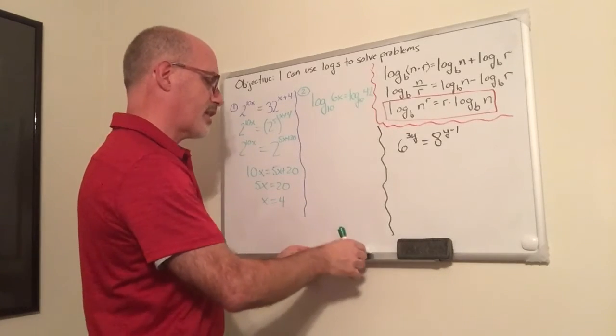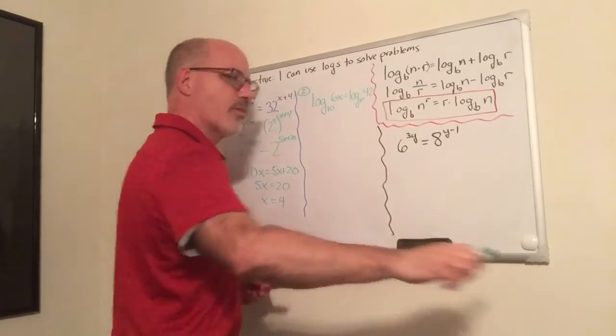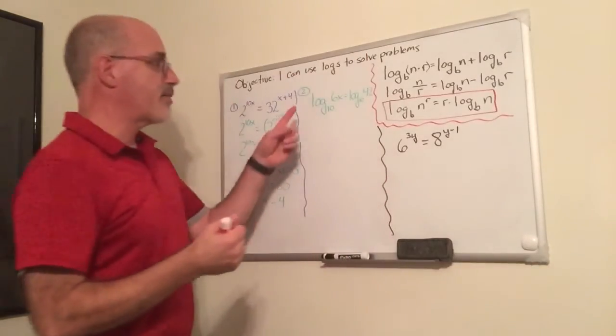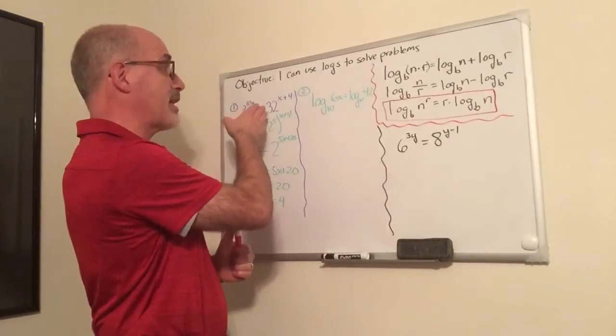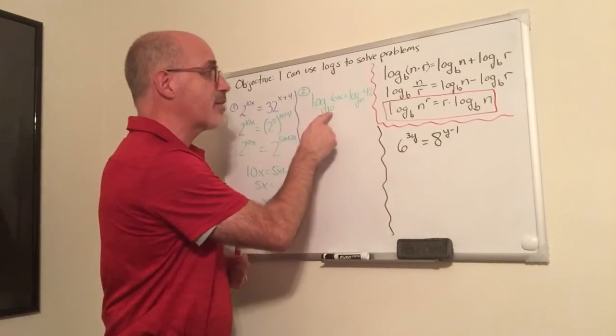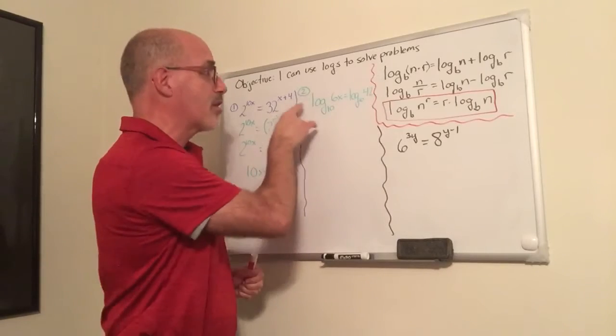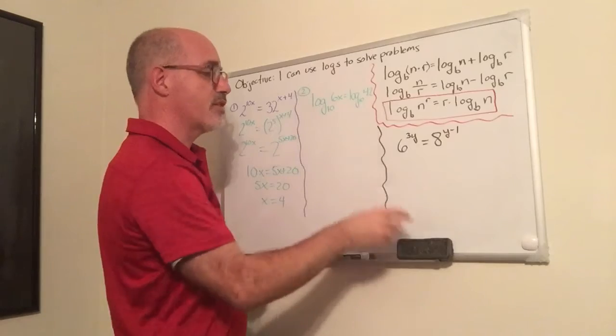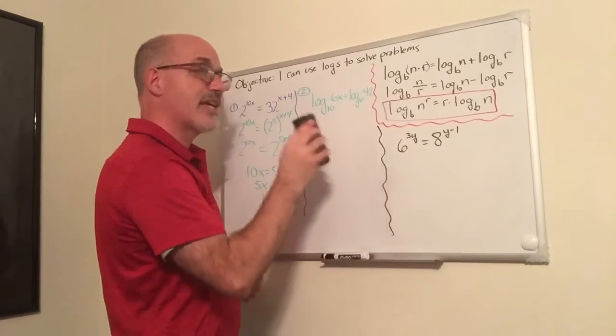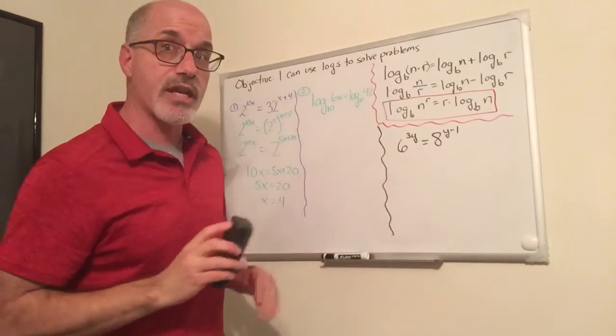This next one here, you have two logs with the same base on both sides. Just like these had the same base for the exponential, notice that the base of these logs are the same. Log base 10 of 6x equals log base 10 of 42. Now just a reminder, if it's log base 10, that's called a common log.